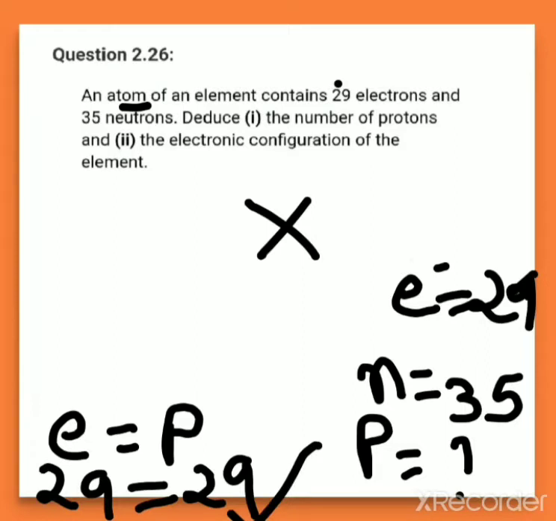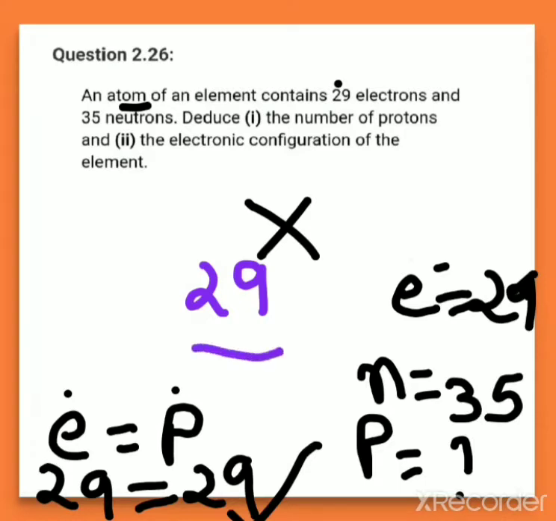Because the proton count gives the atomic number, the atomic number is 29.